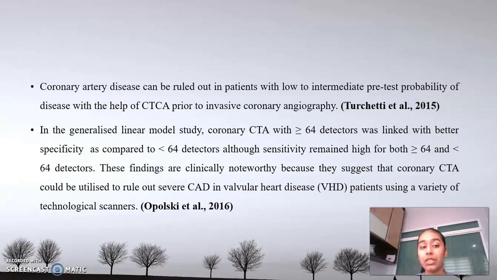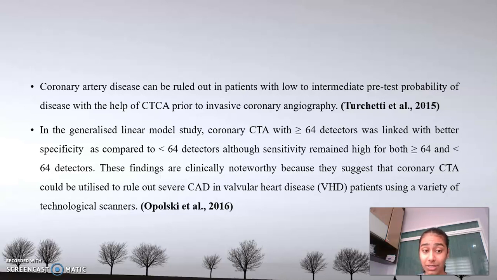Coronary artery disease can be ruled out in patients with low to intermediate pretest probability of disease with the help of CTCA prior to invasive coronary angiography. In a generalized linear model study, coronary CTA with more than 64 detectors was linked with better specificity as compared to fewer than 64 detectors, although sensitivity remained high for both.